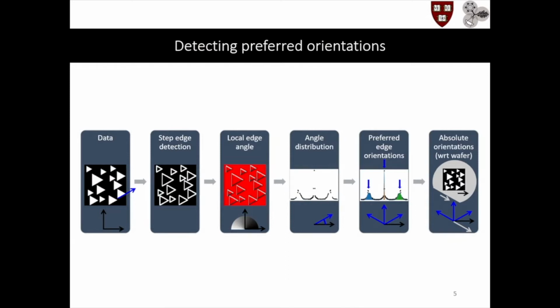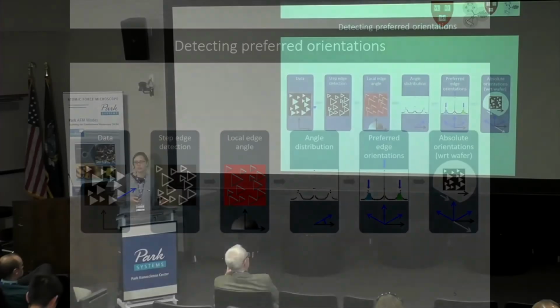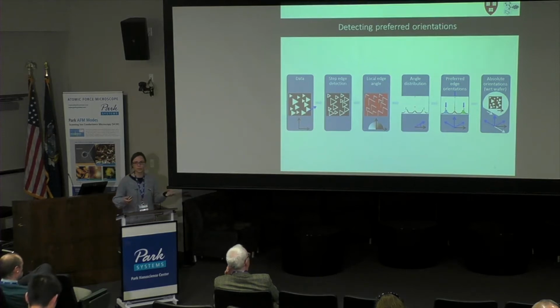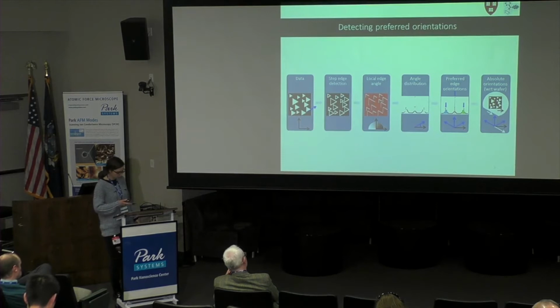From that, we can compile all the values and get an angle distribution, which we can fit to identify preferred orientations. And finally, if we know the orientation of the substrate, we can refer that angle directly to the substrate crystal.